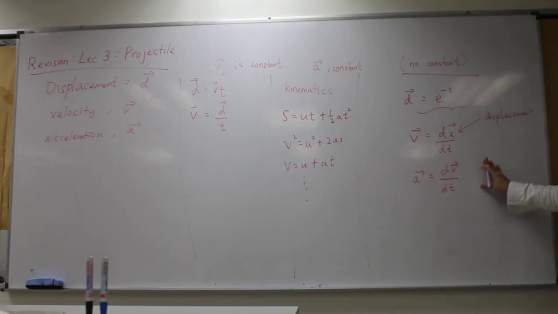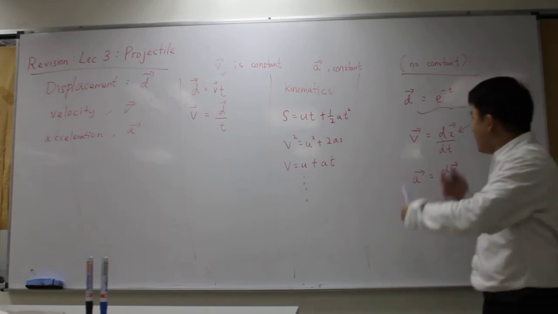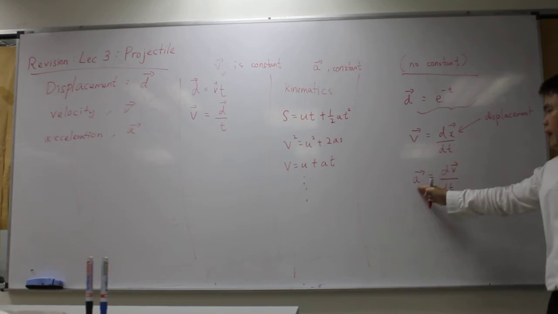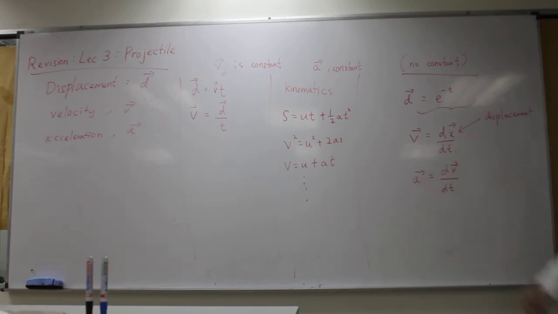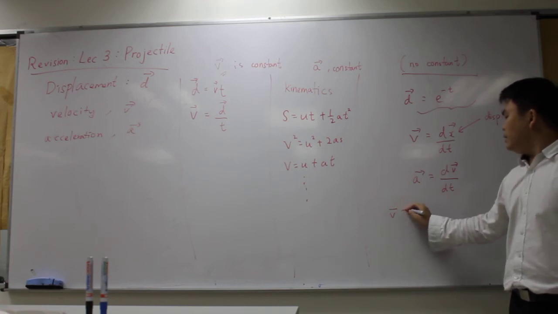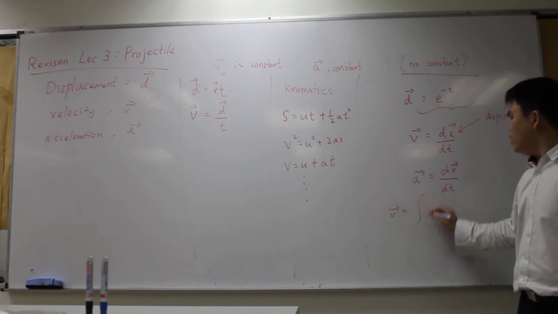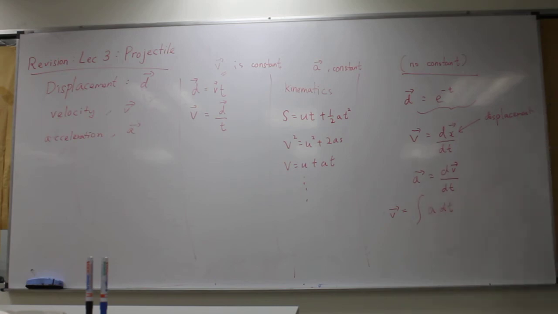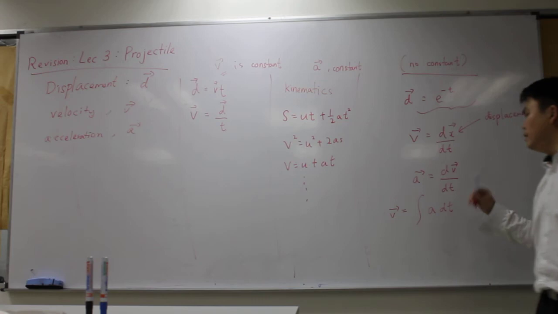So, it's also differentiation. In order to get back, let's say, I want to get the value of v if a is given, then we use integration. For the integration, basically, it's also the same thing. v is just integration of a dt. It depends whether it's a vector or we consider non-vector.